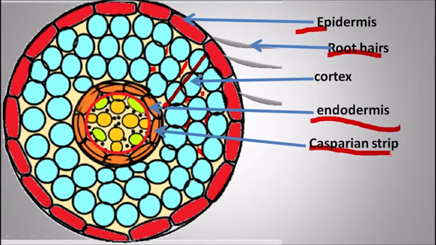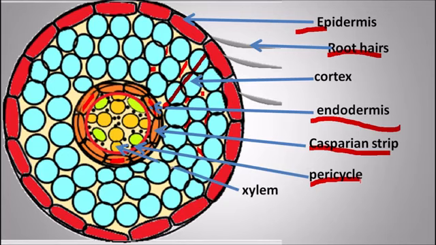Now if the Casparian strip makes the layer impermeable to water, then how is the water going to be transported into the xylem or phloem? This happens due to the presence of passage cells where the Casparian strip is absent. Now let's look at another layer, the pericycle, which is also formed of parenchyma tissue.